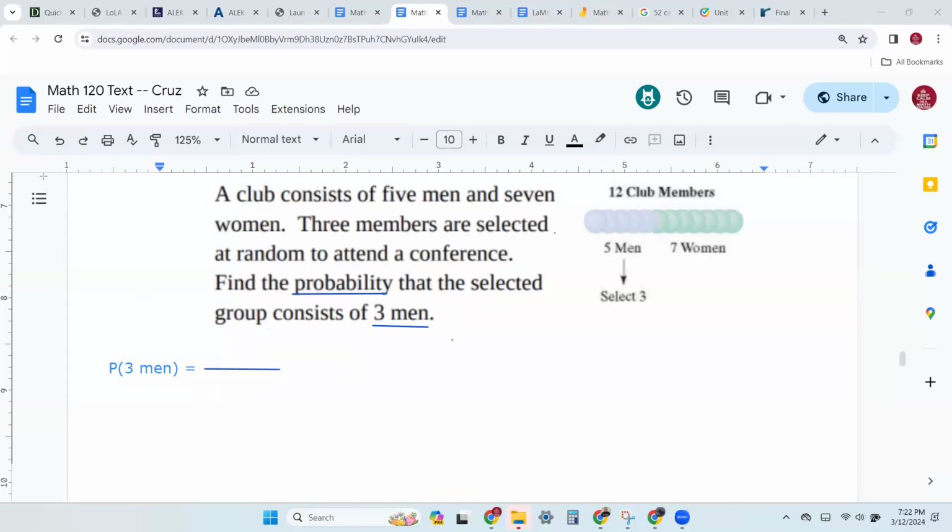So down at the denominator, we're going to have C, because we're not having to worry about order, because we're just picking 3 people. So how many are there to pick from total? 12.